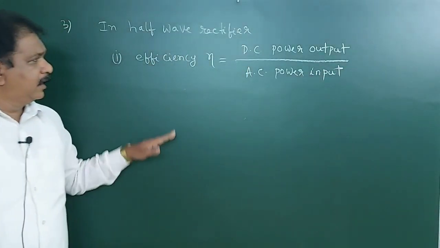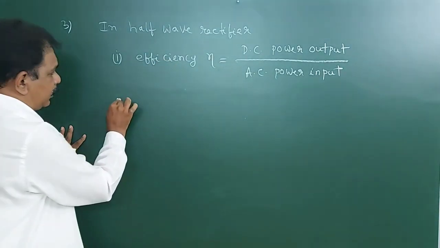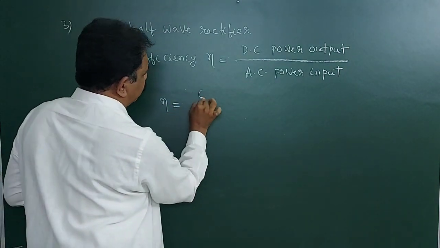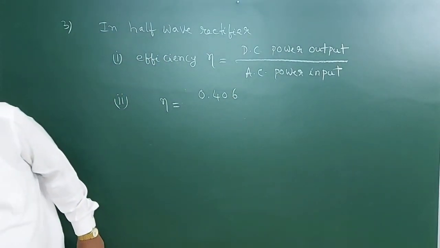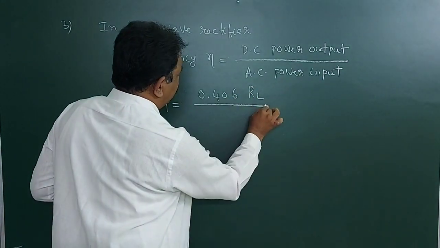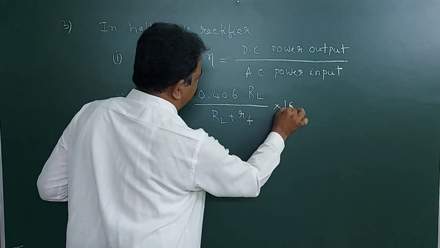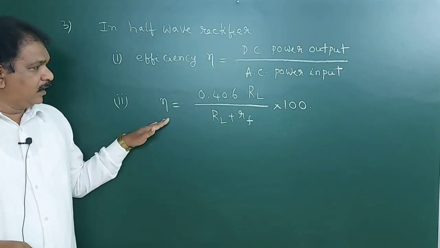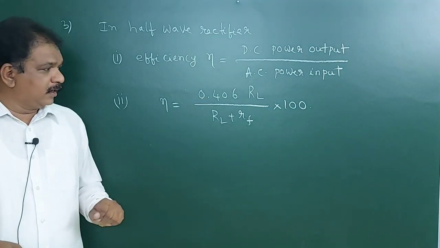This will be called the efficiency of the rectifier. What is the formula? Eta is equal to 0.406 RL by RL plus RF, into 100. If the percentage of efficiency is asked, you have to use this formula to calculate the efficiency.